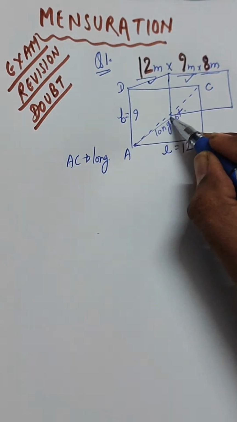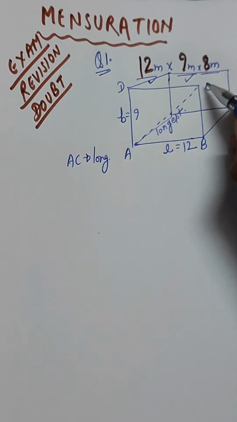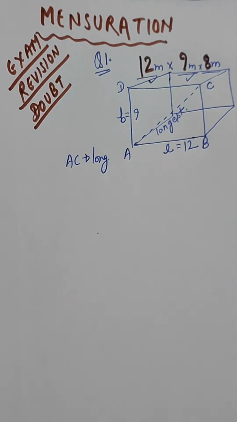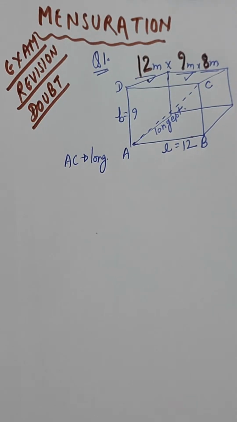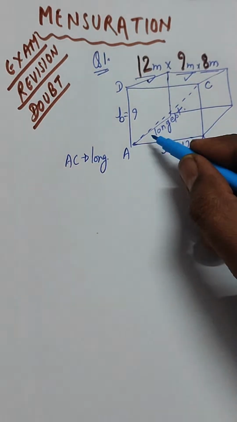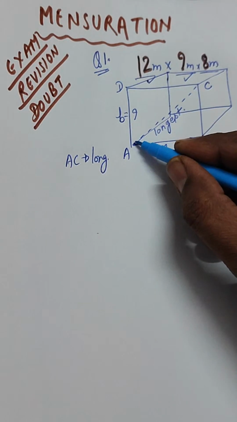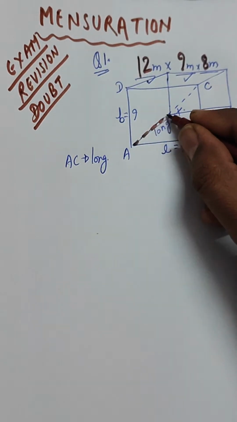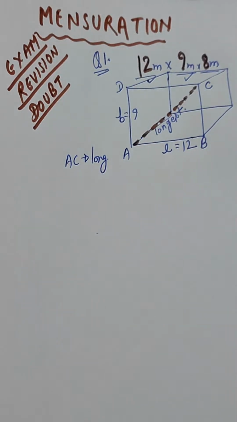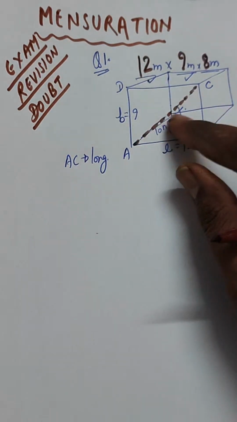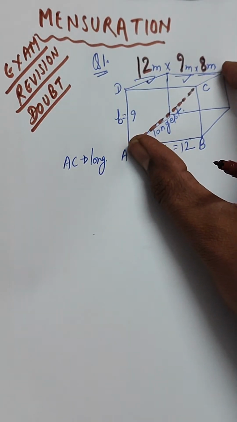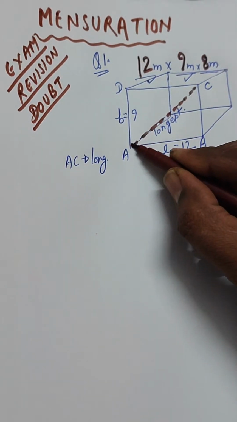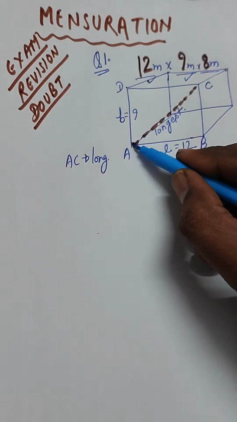So if you consider the maximum length of the pole which can be placed inside, you can see this was for the rectangle. For the rectangle, this was the longest portion. Okay, but since it's a room, the maximum length can be placed from this corner.